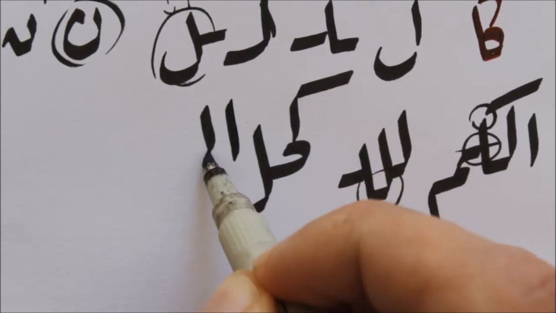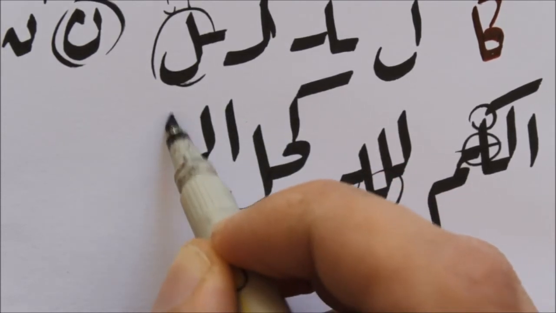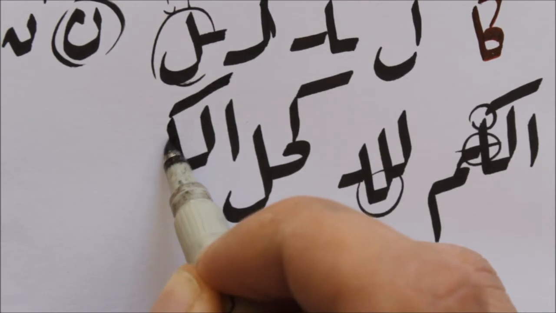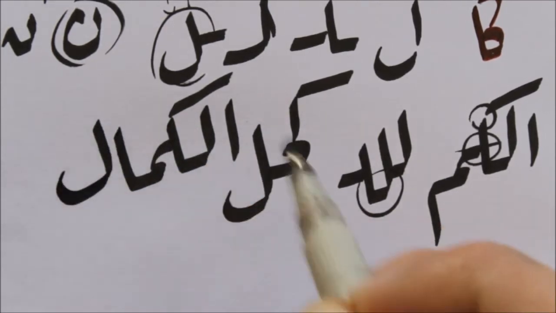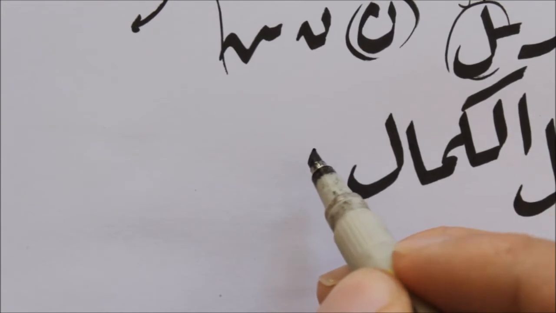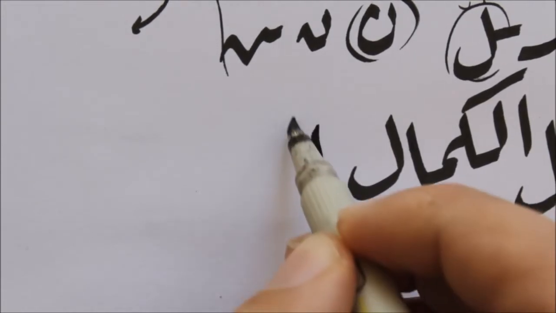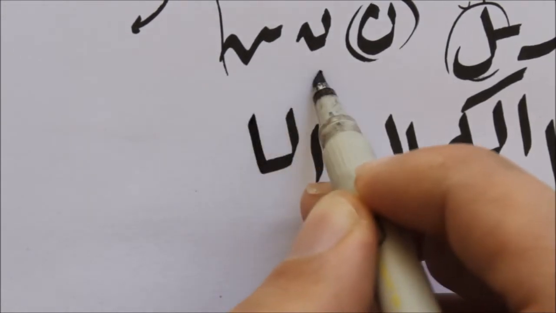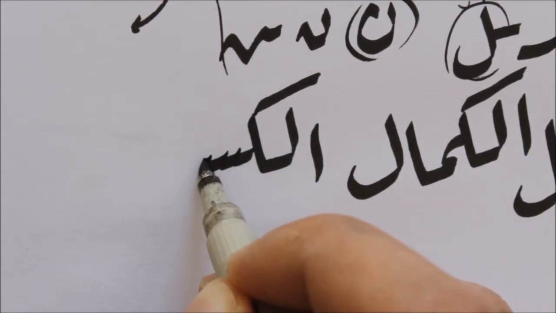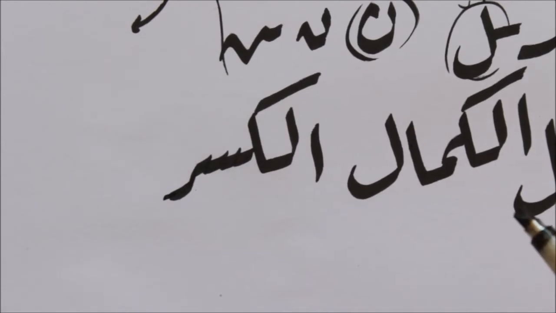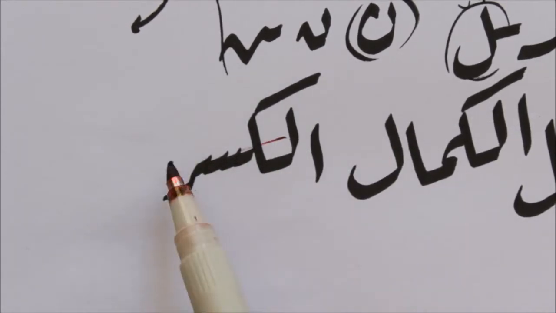So this is Alif, Lam, Kaf, Meem, Alif, Lam, al-kamal. The same thing goes, for example, al-kasr, Alif, Lam, Kaf, connection. So we always connect from the midpoint of the Kaf.